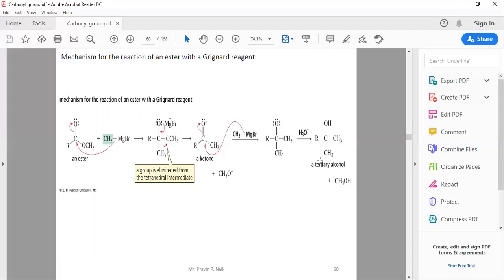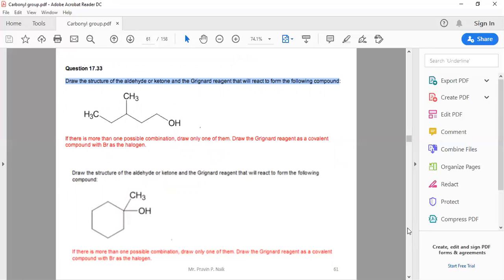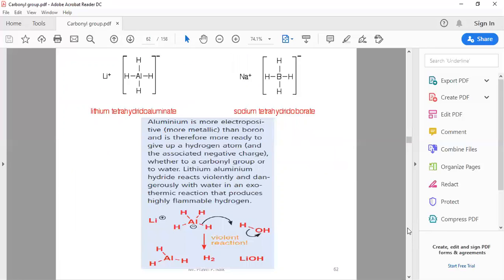So ketone gives tertiary alcohol. So the ester will first form a ketone when reacted with Grignard reagent, and then the ketone reacts with the second molecule and gives the tertiary alcohol. So these are the different examples which we have discussed.